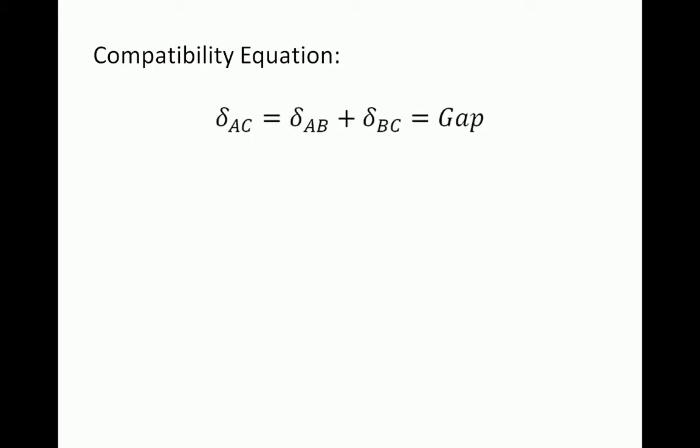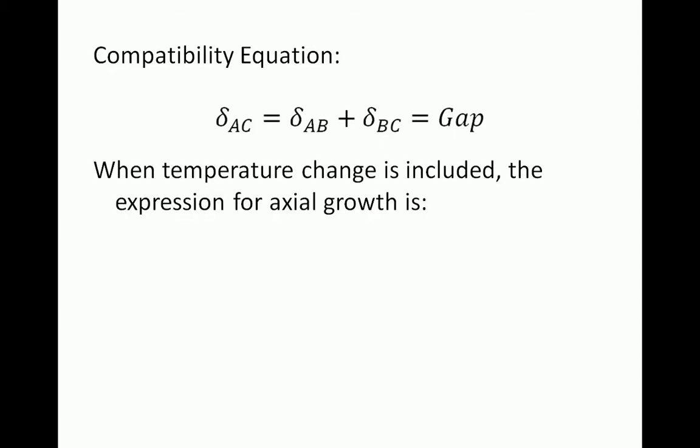And since we're assuming that the gap is going to be closed, what we're saying is that the total change in length of the bar is going to be equal to the gap. Our equation for axial growth is PL over AE, and of course if temperature change is included, then we have alpha times the change in temperature times the length as the second term.